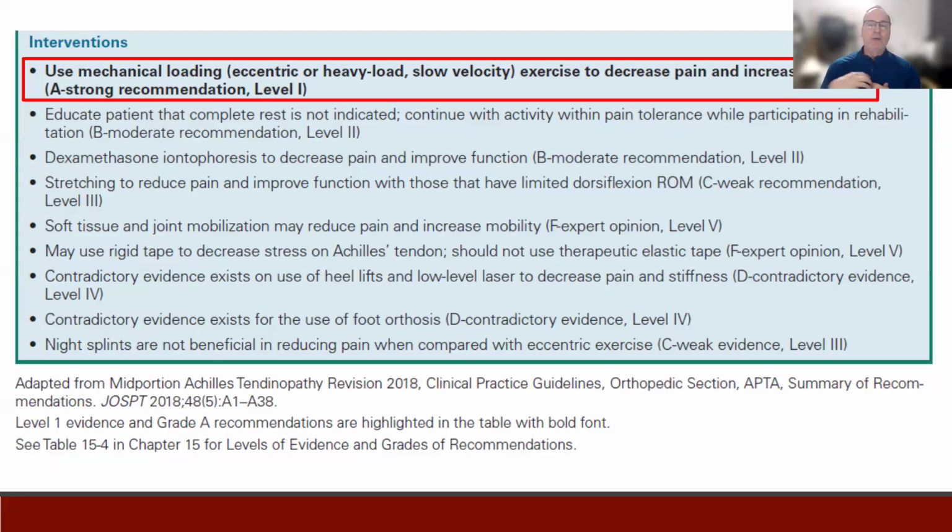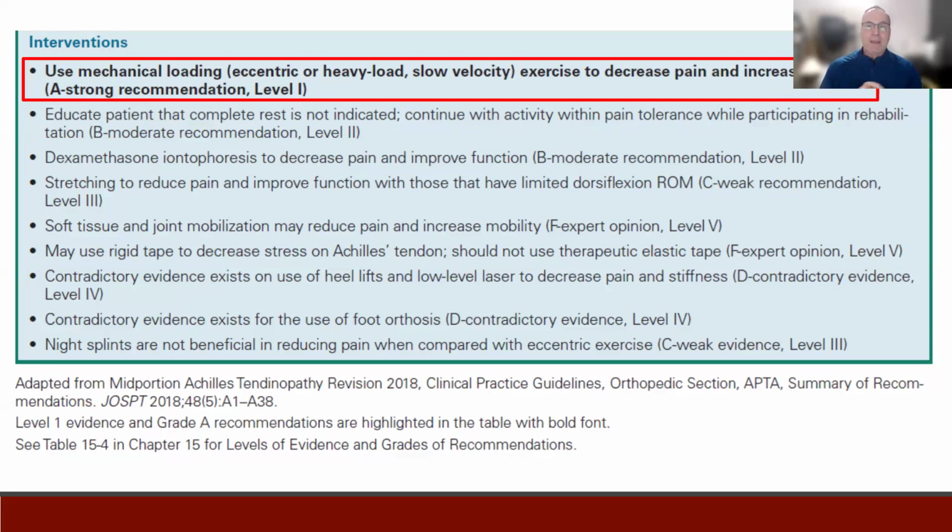And what we do is we place in bold font anytime there's grade A or level 1 evidence in those tables. So we try to get your eyes to go to that part of the table where there's really strong evidence. You could see questions that are based on grade B or C or that kind of thing.